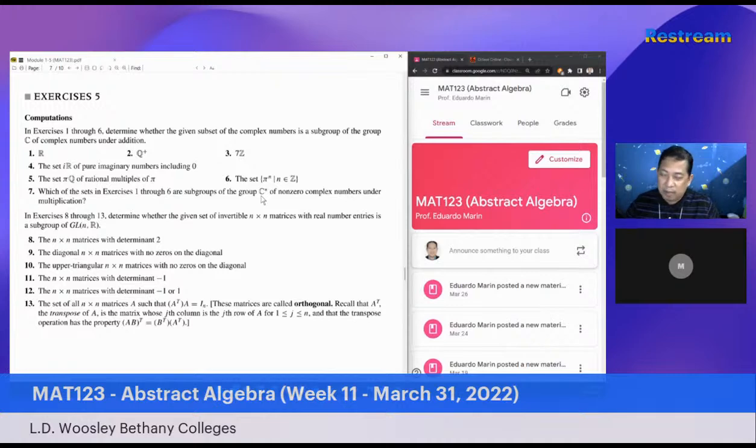So ang sagot na lang dyan, between 4, 5, and 6. Mikaela, choose.